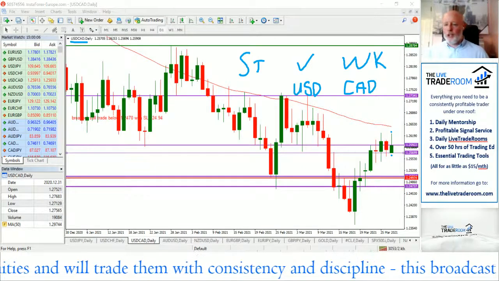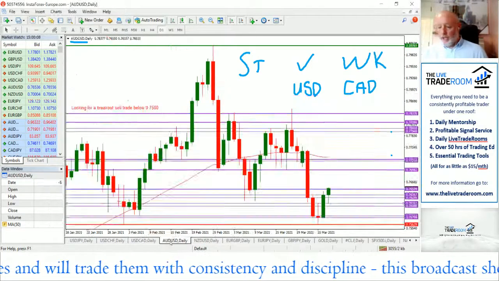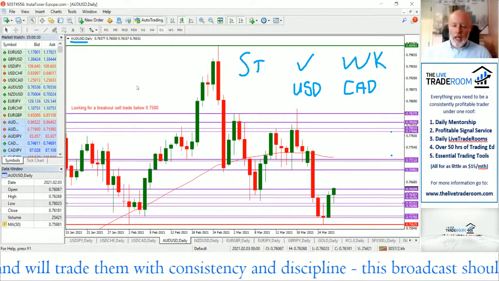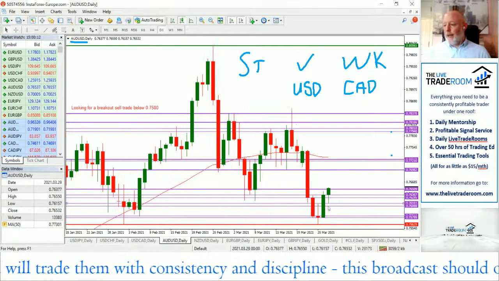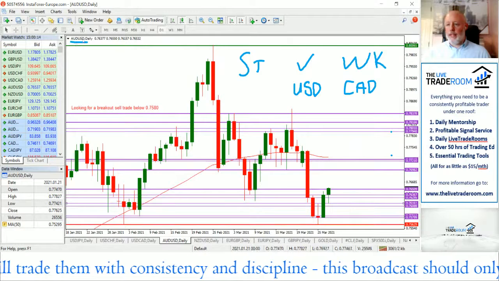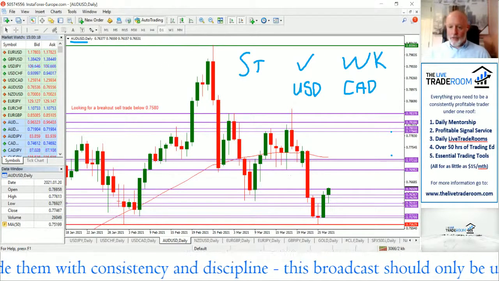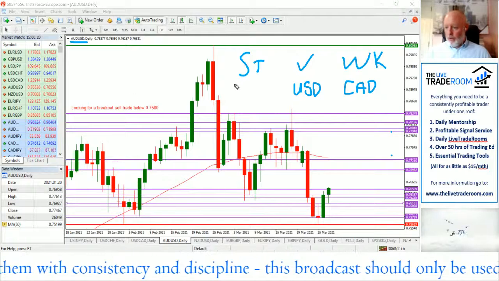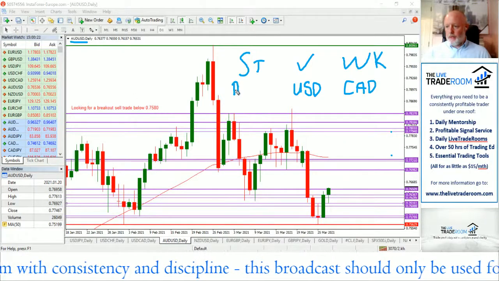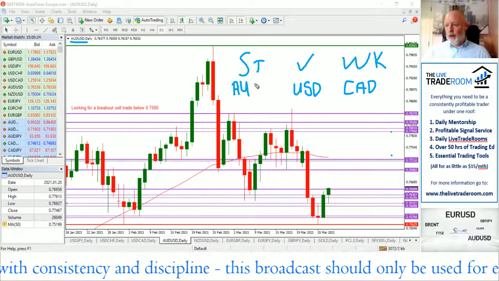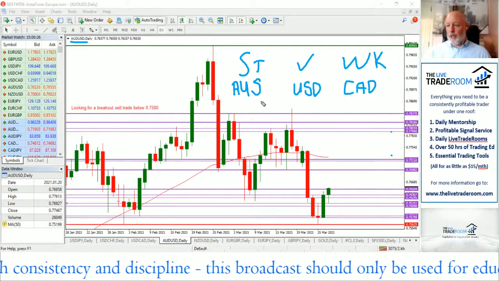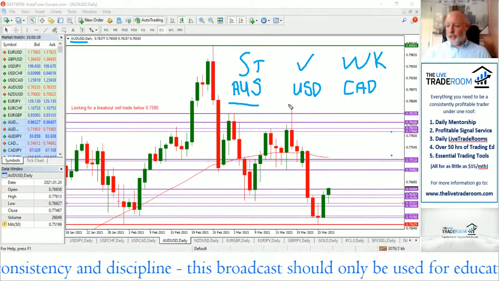Now just compare and contrast that with the Aussie dollar, because you're trading the Aussie CAD. You can see that the same market pegged against the US dollar is actually strong. So I wonder if you would agree that in terms of our hierarchy of strength versus weakness, the Aussie dollar is the strongest.